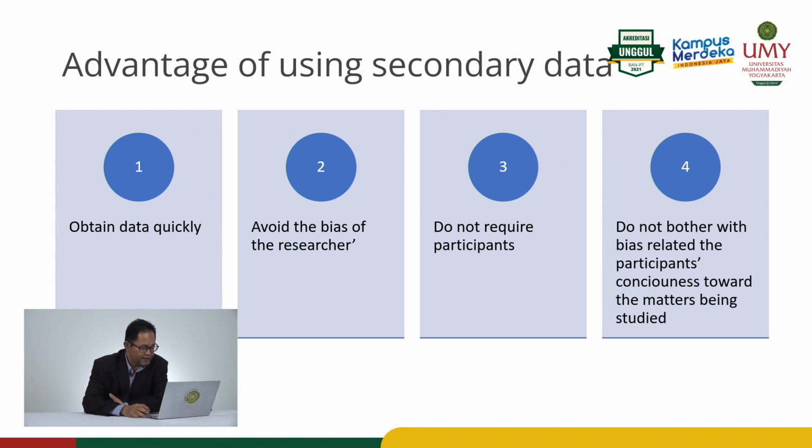And then the second advantage is that the bias of the researcher can be avoided, because the data is taken from there, so there is no researcher factor influencing the existing data, if it is secondary. Then, of course, there is no need for you to recruit participants, because the participants have been taken by the previous researchers who produced the data.